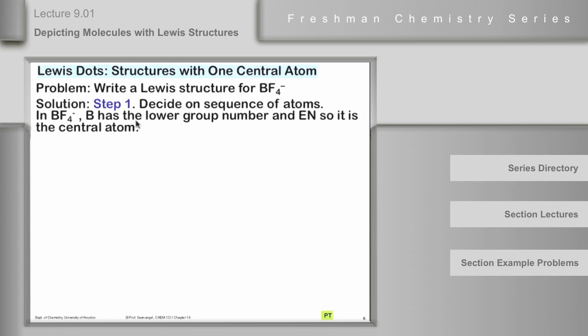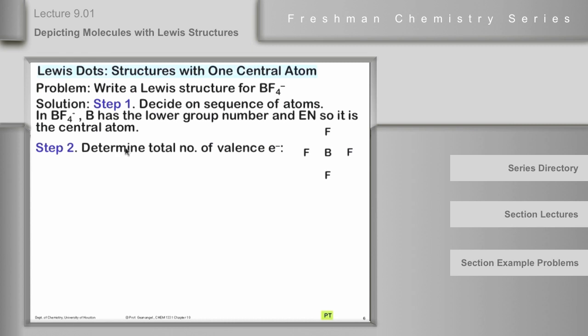We put boron in the middle because its electronegativity is smaller, and the arrangement of the fluorines around it is arbitrary at this point. I've just written them around there, and I'm not trying to specify what the geometric structure is or anything. I'm just saying boron's in the middle, fluorines are on the outside.